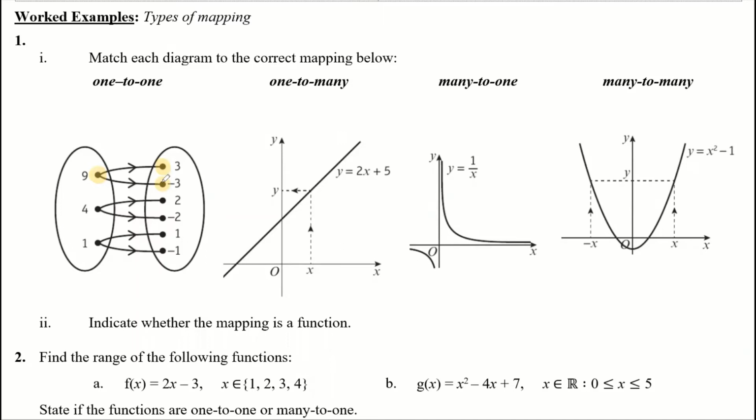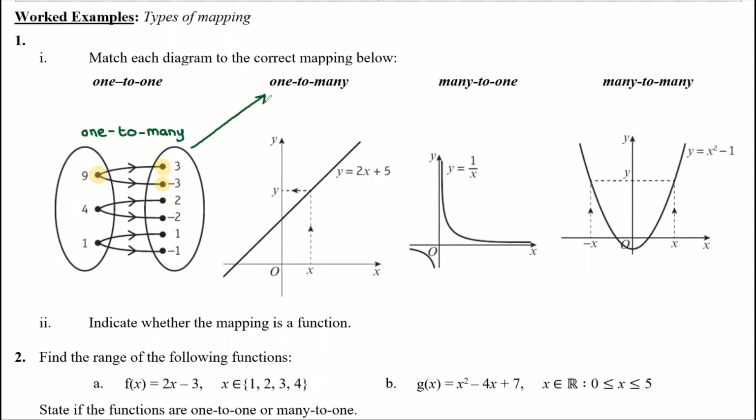So if we just write down what this actually means before we try and match it. This means that one input is going to match to many outputs. So this is a one-to-many mapping. And remember, if you have one-to-many, you can't have a function. So we can see that this matches to the one-to-many category.